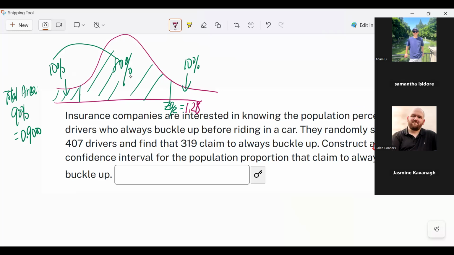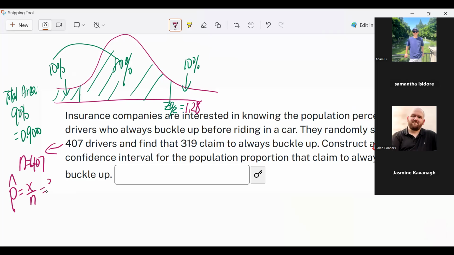And also, we know the sample size is 407 drivers, 319 buckle up. So the p-hat here is going to be x over n. Buckling up is considered a success event, right? For the insurance company, not buckling up will be the failure event.